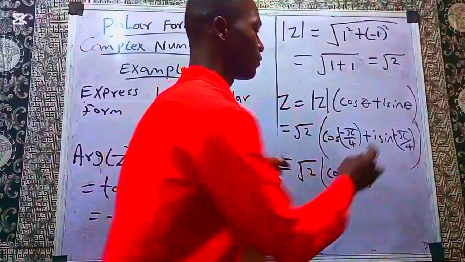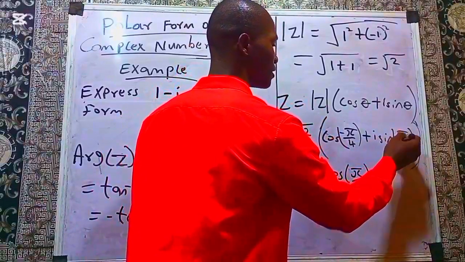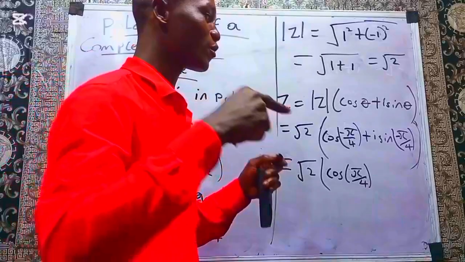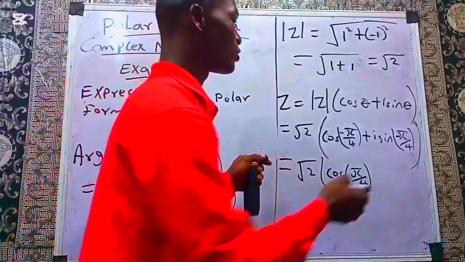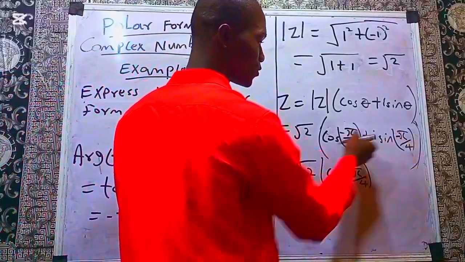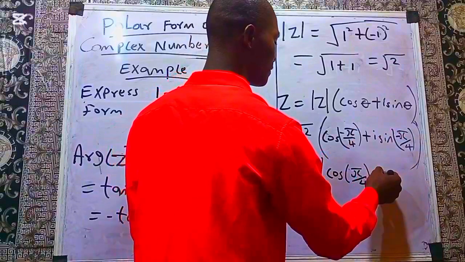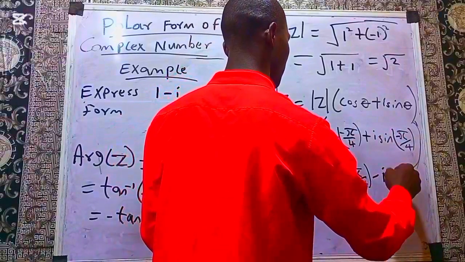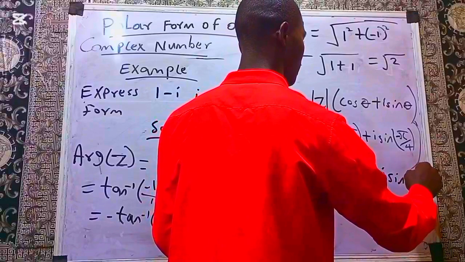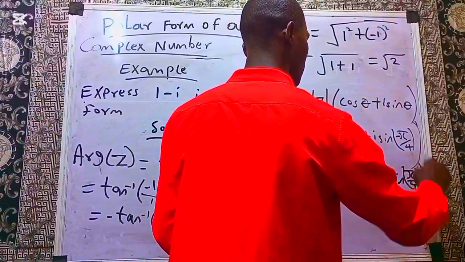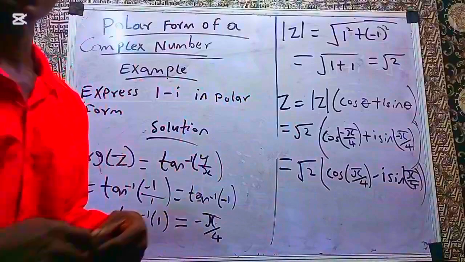Then the sine of a negative angle is the negative sine of the positive angle. So I'm going to bring this negative out of the sine, and it changes plus to minus. Then I have i sine pi over 4. So this is the polar form of this complex number.